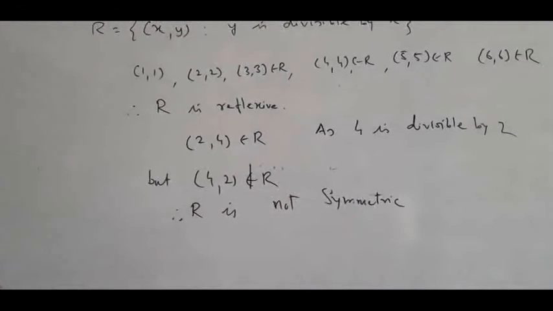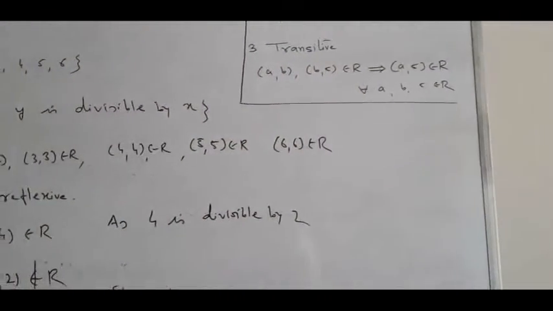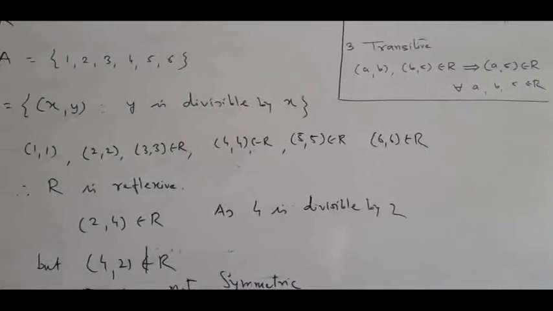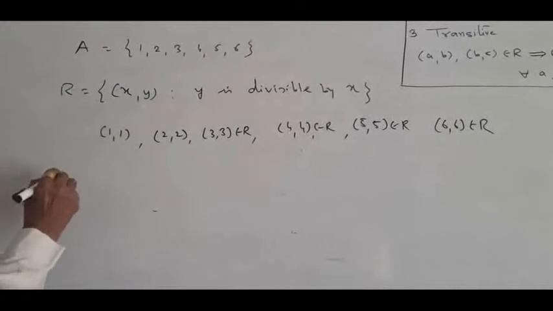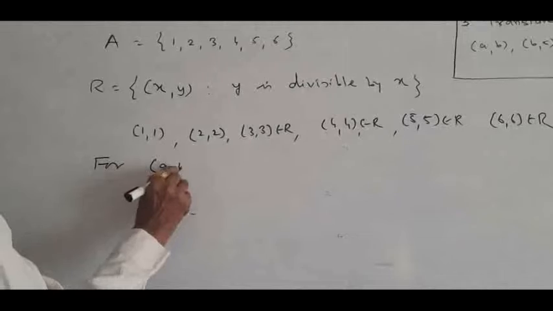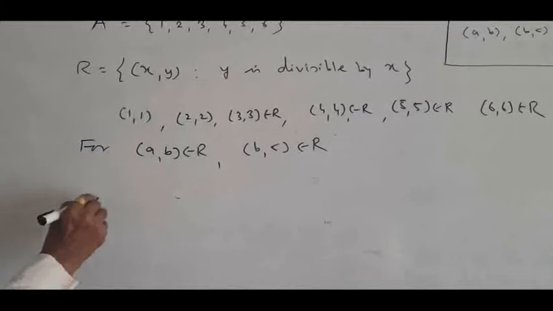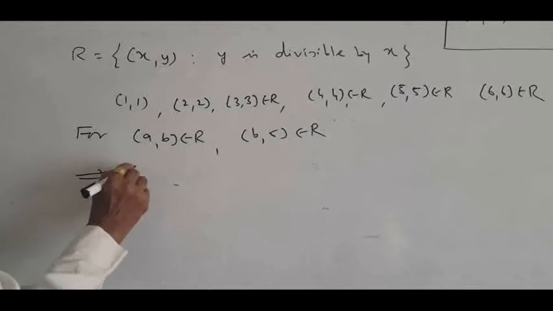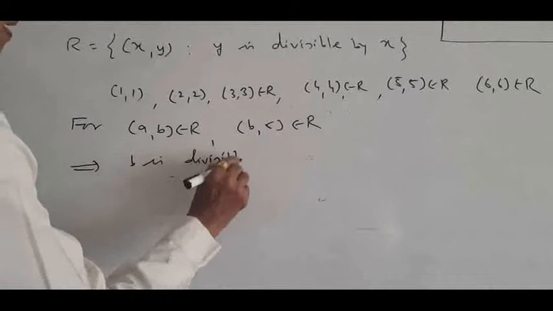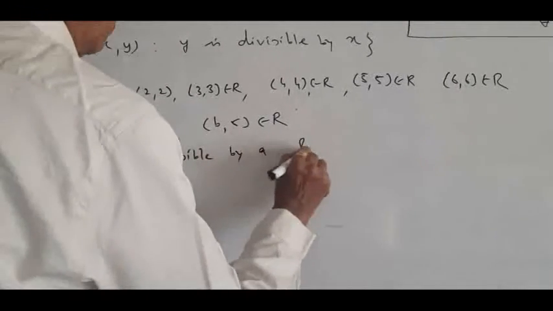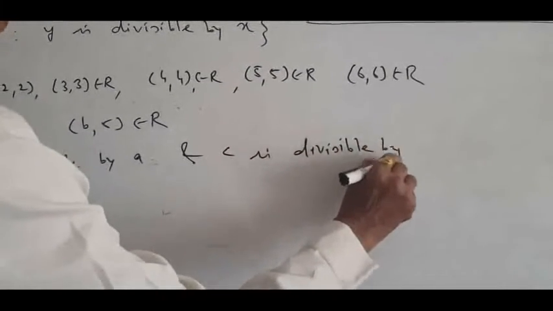Now, a relation is transitive if for ordered pairs (a, b) and (b, c), (a, c) belongs to R. Here, (a, b) belongs to R and (b, c) belongs to R. This implies b is divisible by a and c is divisible by b.